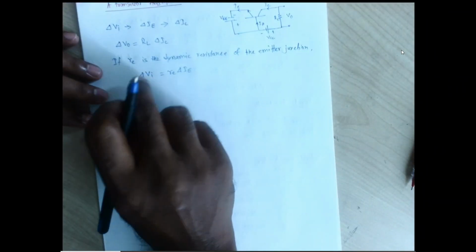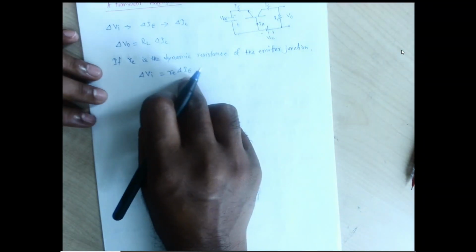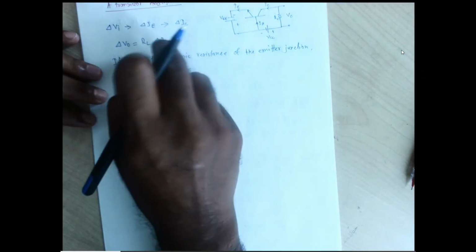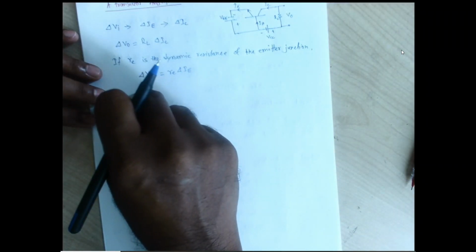So that is the input voltage which leads to the current IE. That is the output voltage due to the current IC. If you take the ratio of this output voltage to input voltage, that is the voltage gain.